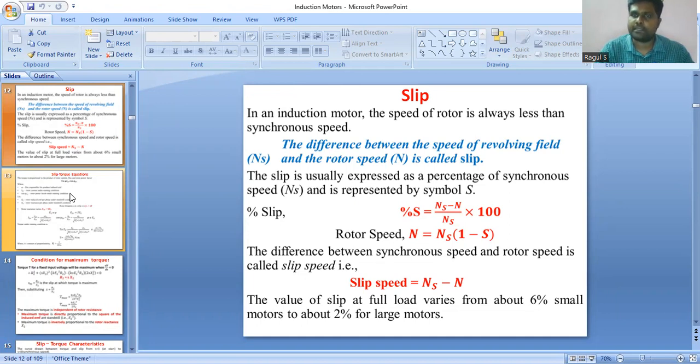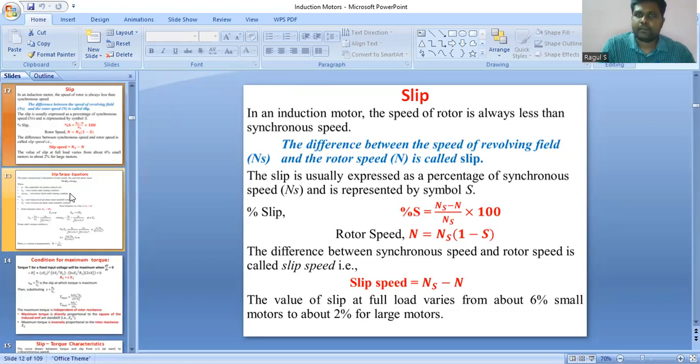So through this explanation, we can clearly define the difference between the synchronous speed and the normal speed, that means the actual speed of the AC motor.